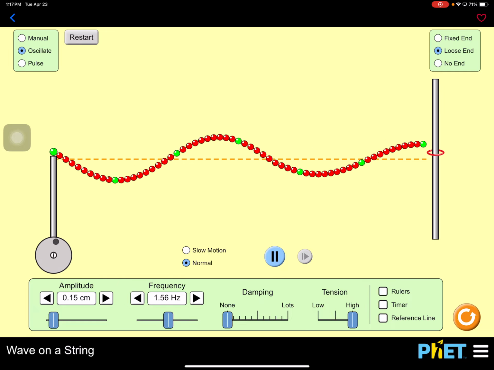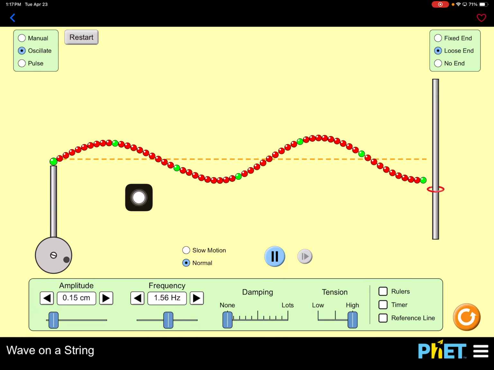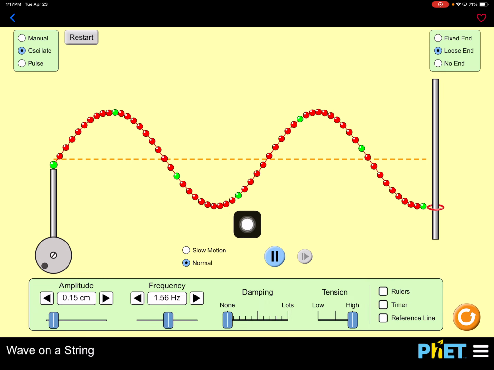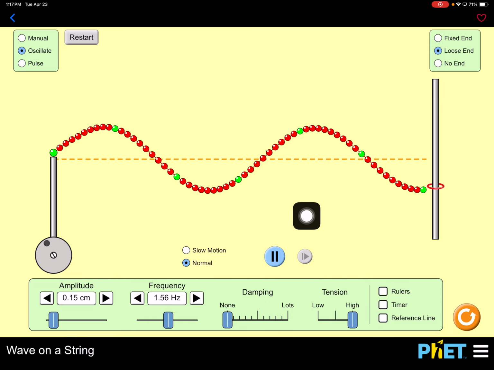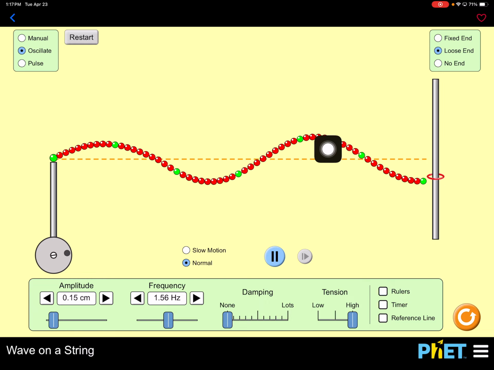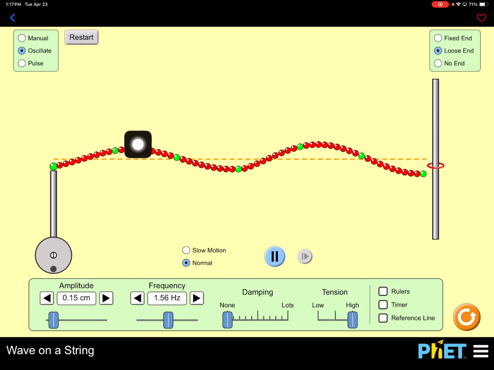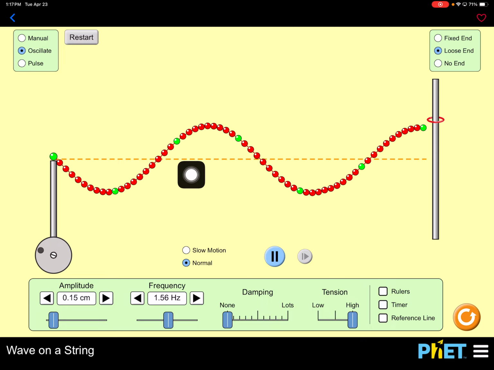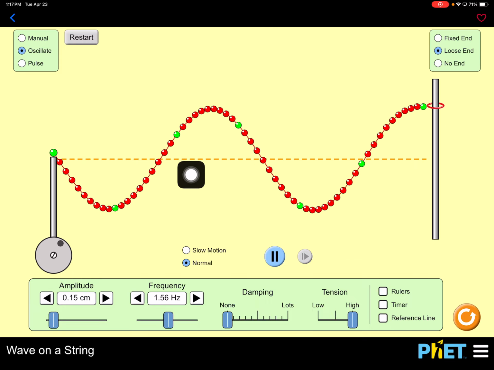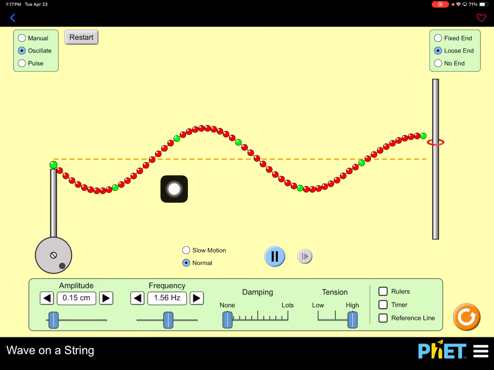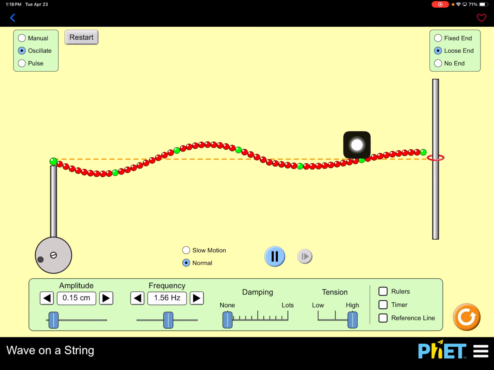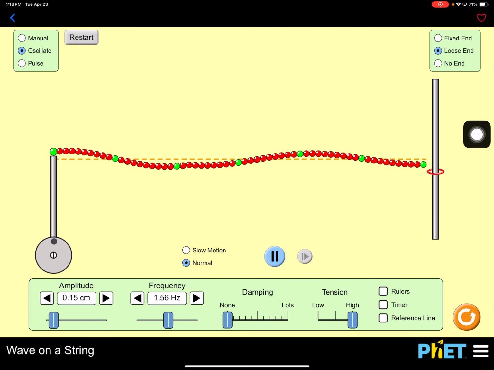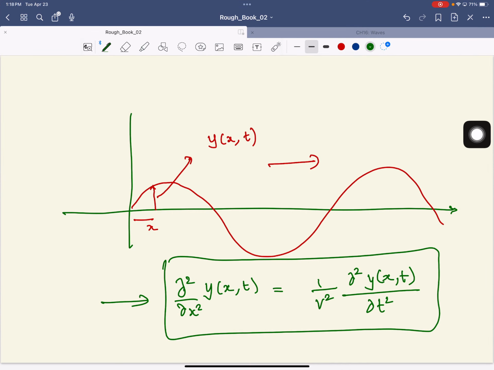Since you guys are all experts, what are you learning to do? Here's your system. You want to mathematically model the behavior of the system. And what was that mathematical model? What you're saying is this configuration of this system, the string, satisfies this differential equation.